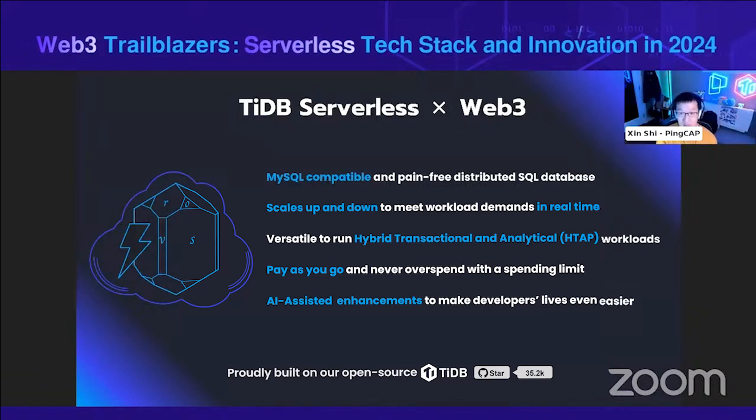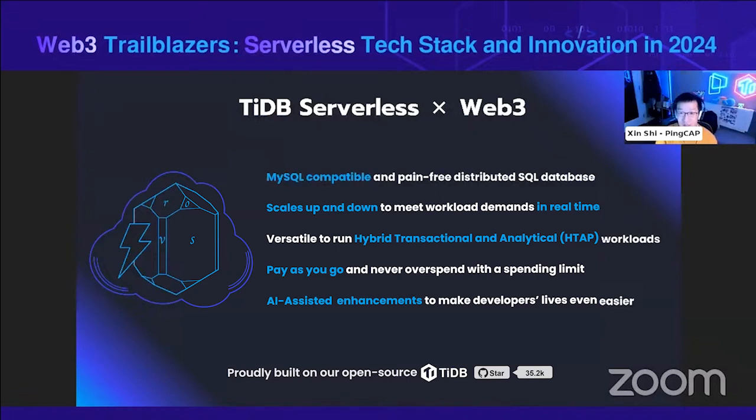So we support mixed workloads for both your transactional and analytical requirements. Pay as you go is the pricing model we are offering, so you can easily control your budget. Compared to our competitors, our pricing model is quite competitive in this industry.